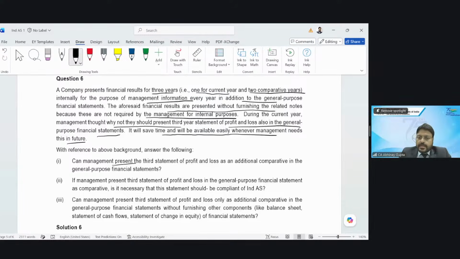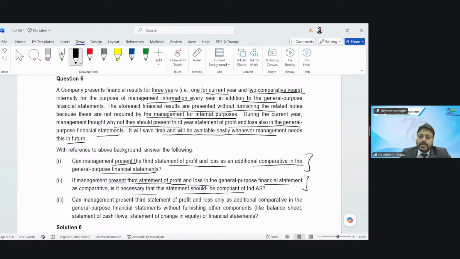With reference to the above background, answer the following. Number one, can the management present the third statement of profit and loss as an additional comparative in their general purpose financial statements? Number two, if the management presents the third statement of profit and loss as comparative, is it necessary that this statement should be compliant with Ind AS?